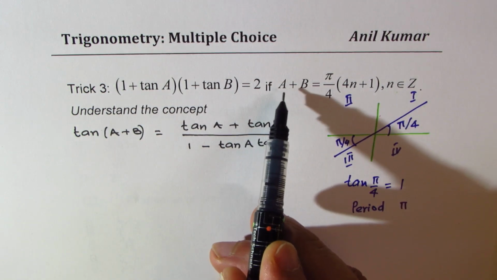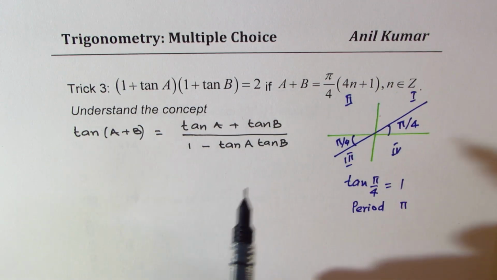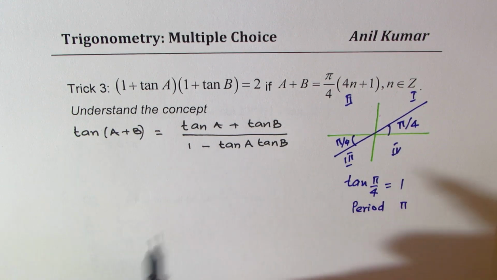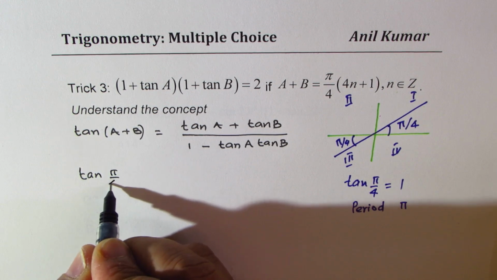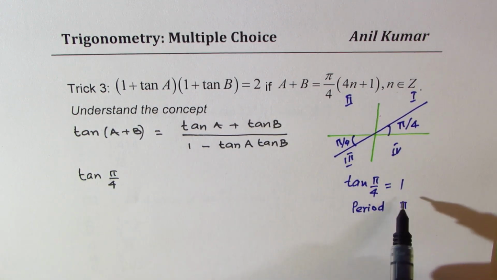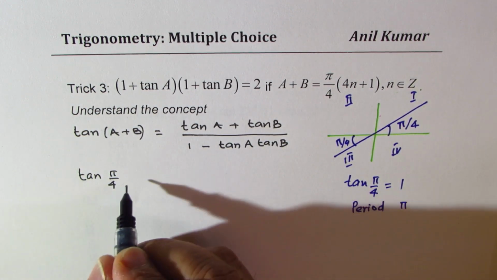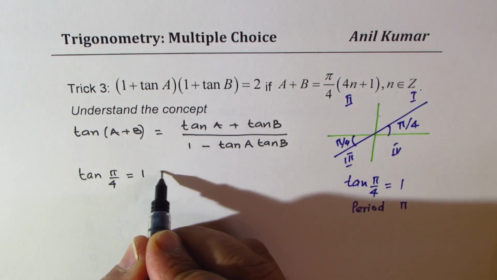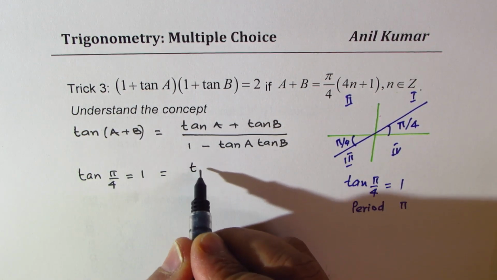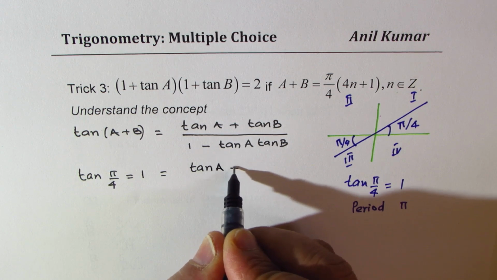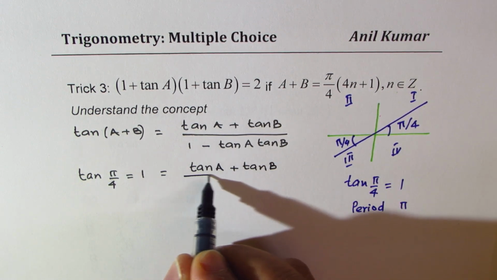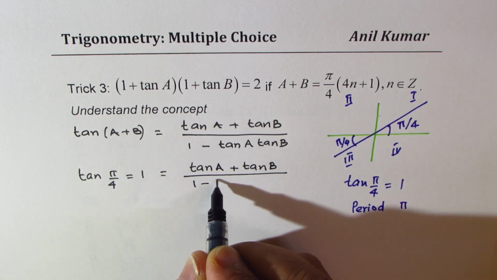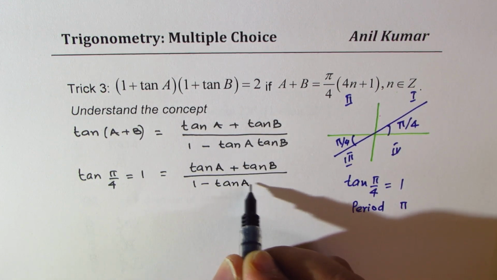Now when we say A + B is π/4 or its multiple, you can just place π/4 here. Then what do you get? You get tan π/4. Now tan π/4 is 1, right? So you could write this as 1 equal to (tan A + tan B) over (1 − tan A tan B).